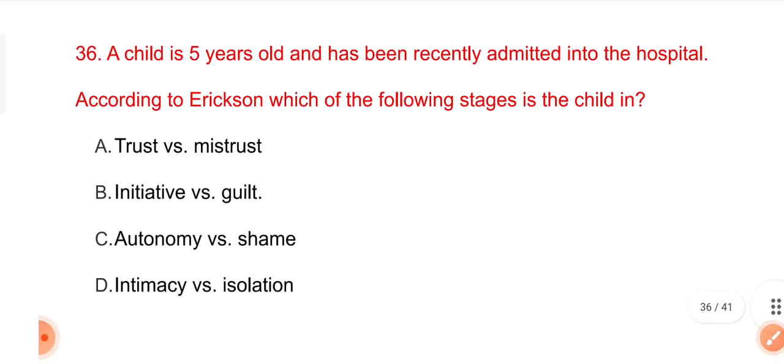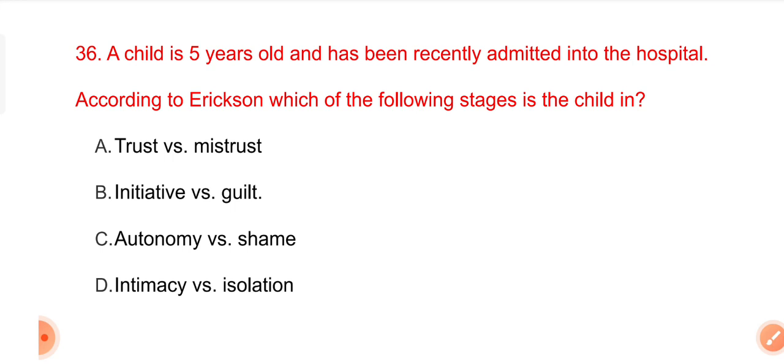The next question is, a child is 5 years old and has been recently admitted into the hospital. According to Erikson, which of the following stages is the child in? The options are: option A, trust versus mistrust; option B, initiative versus guilt; option C, autonomy versus shame; option D, intimacy versus isolation.